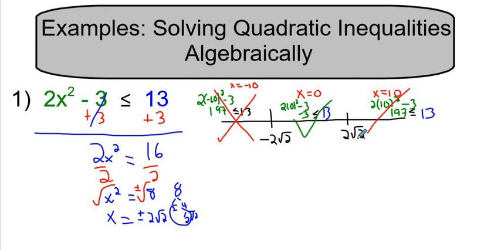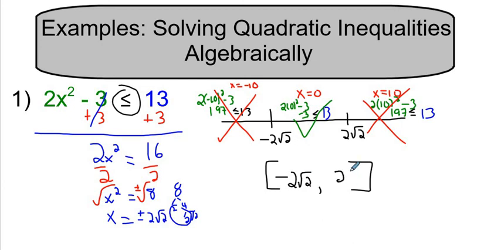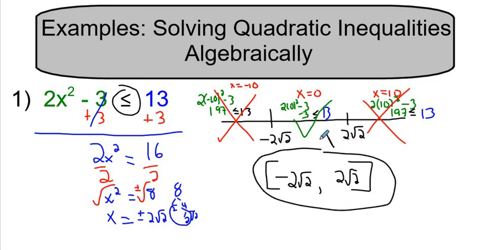When you look at this picture, it's pretty evident the answer is here, so we use this symbol. We have a bracket, and the answer is valid between negative 2 root 2 and 2 root 2, so that this mathematical expression models exactly the picture you're seeing here.